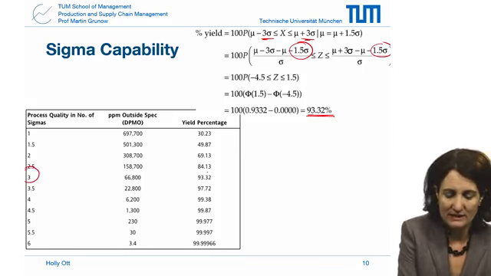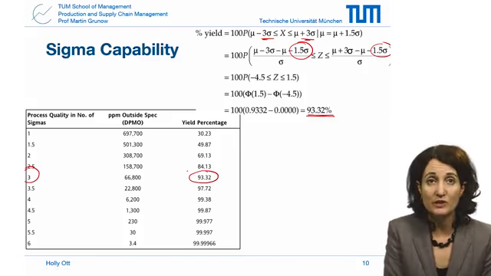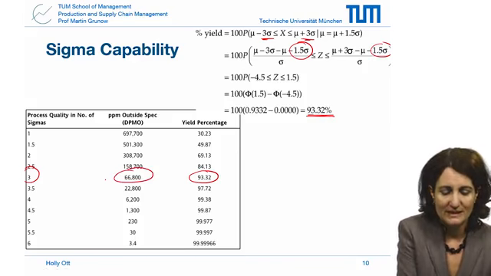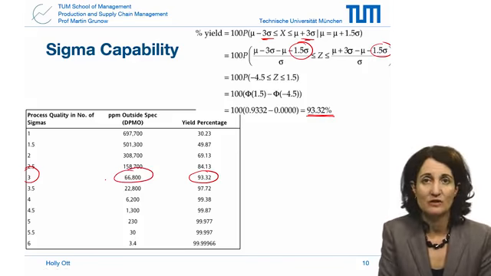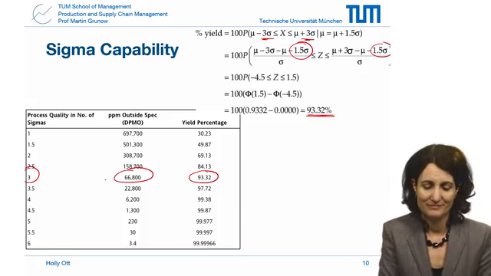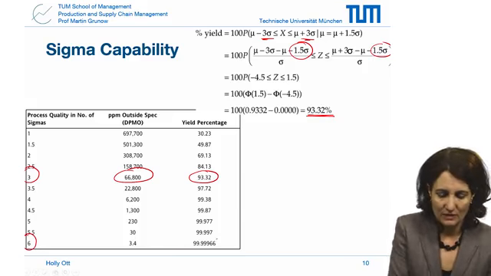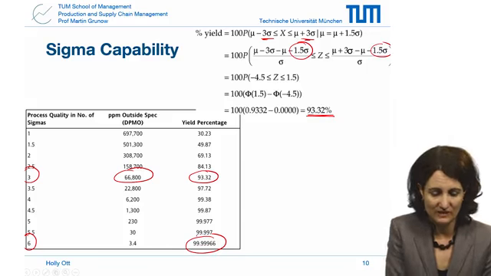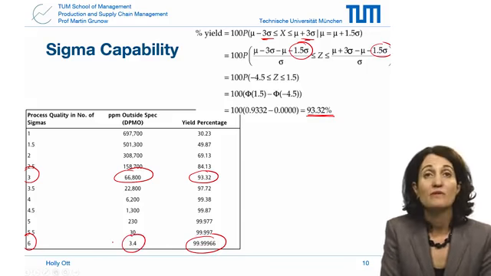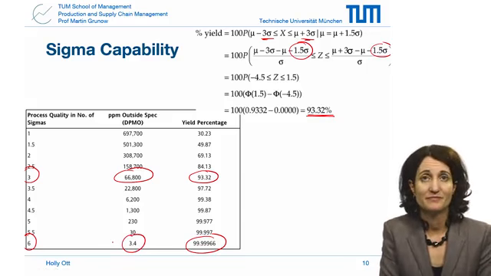So for a 3 sigma process, 93.32% within specification, which corresponds to 66,800 parts per million. And then likewise for a Six Sigma process, we have again 99.99966% within specification, 3.4 parts per million defective.